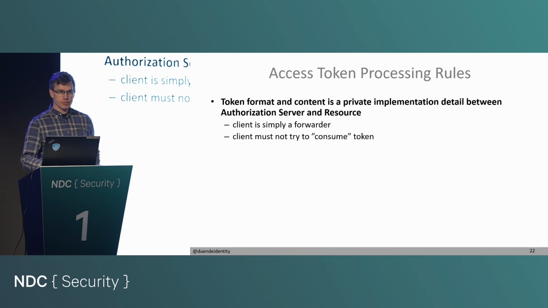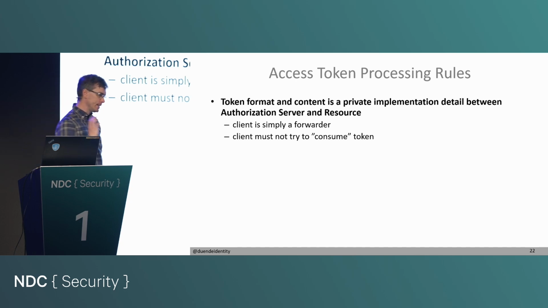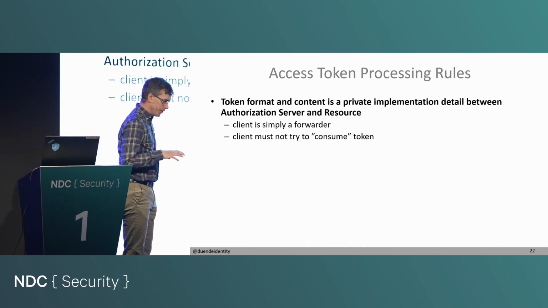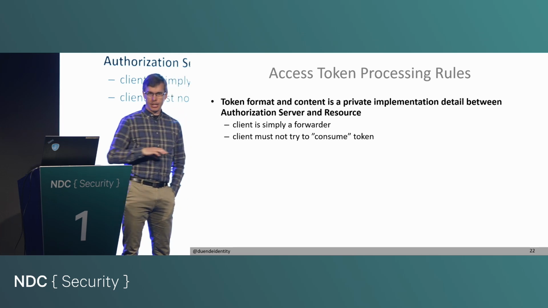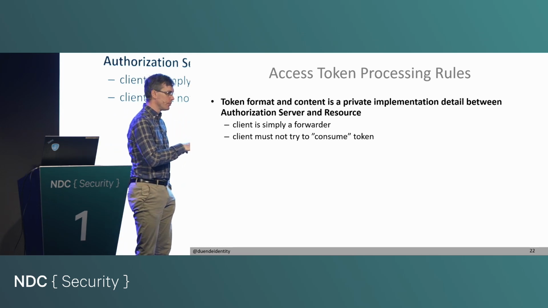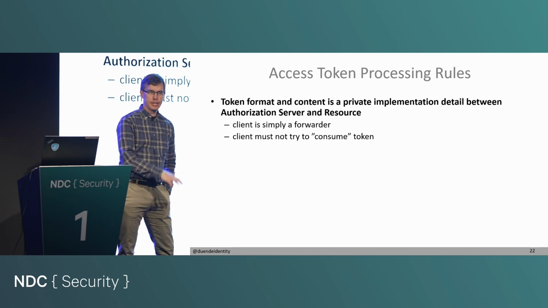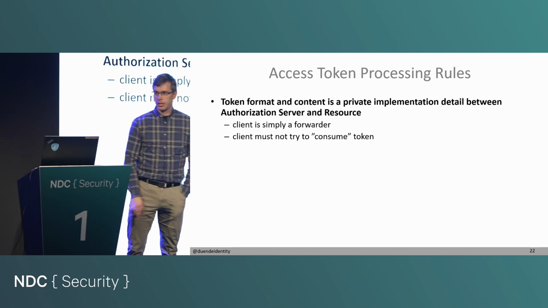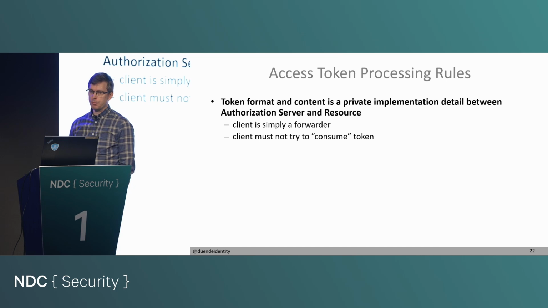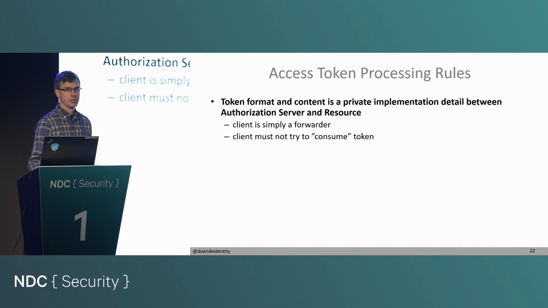So, some token processing rules. Remember that I said that in OAuth, the only parts that really trust each other and have an intimate relationship are the API and the authorization server. And the access token format is a private implementation detail between those. If you are looking at the OAuth 2 spec, it says nothing about the format of the tokens.